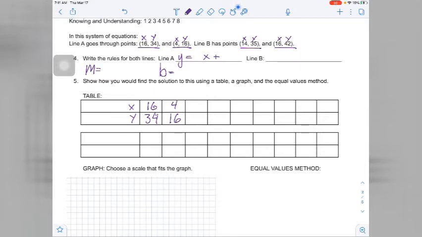The way to find m, again, is if we remember that m is the rise over the run, then we can remember that the rise is the increase in y, and the run is the increase in x. So what is the increase in y and the increase in x?